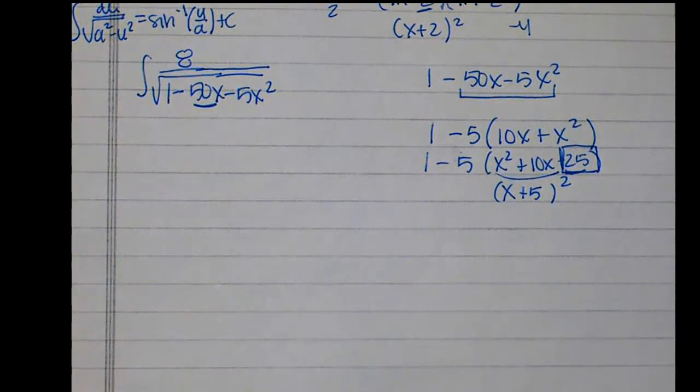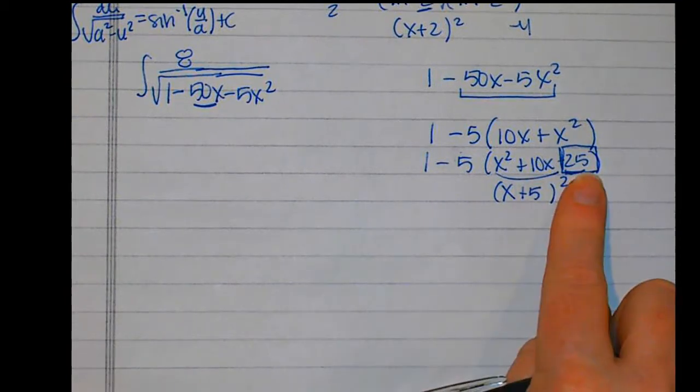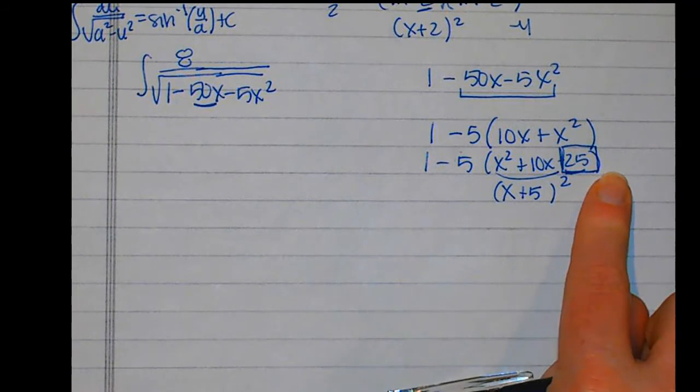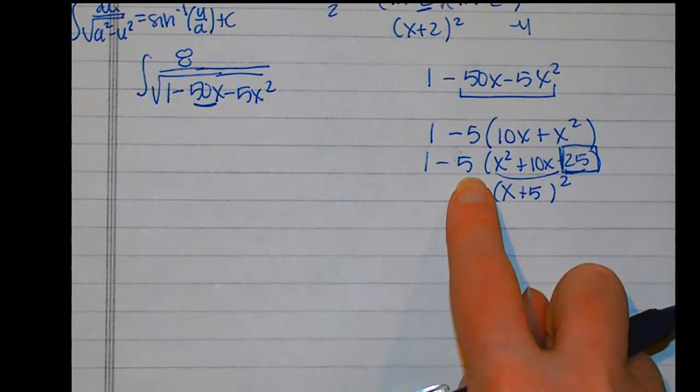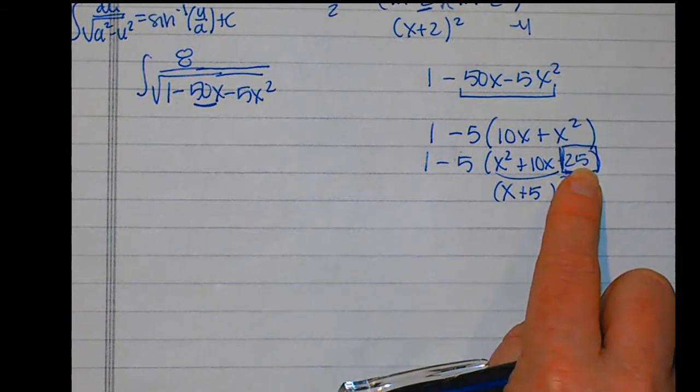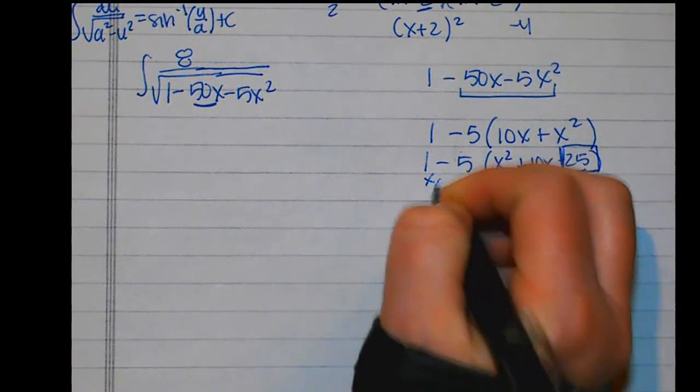It's not cool to just randomly add 25 to math equations. So how do we fix it so we didn't really change anything? So close. What did we really do here? We added 25, but if you multiply this all the way out, it's multiplied by -5. So that's the tricky part. So add 125, because this is really minus 125, so we have to add 125.